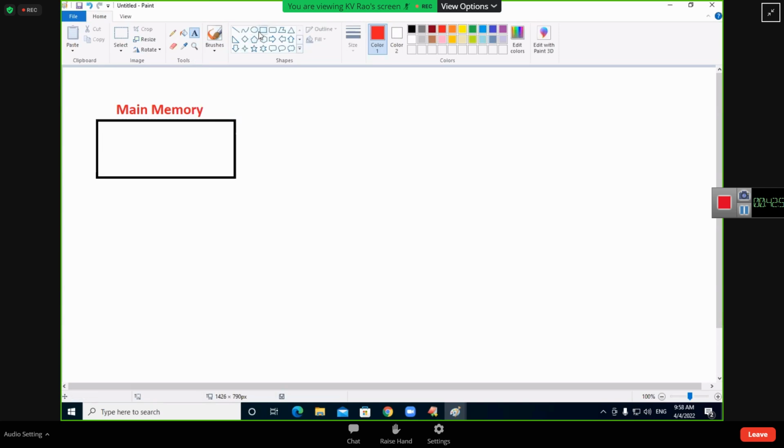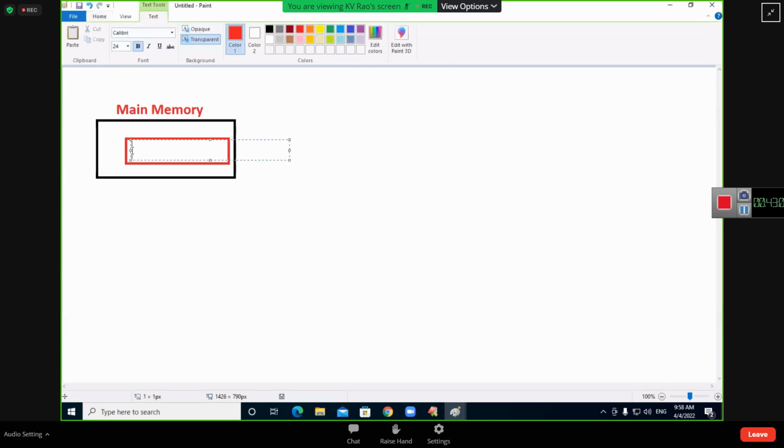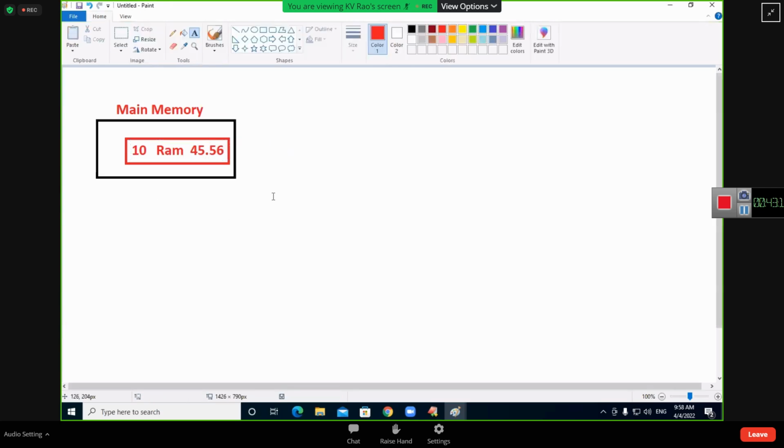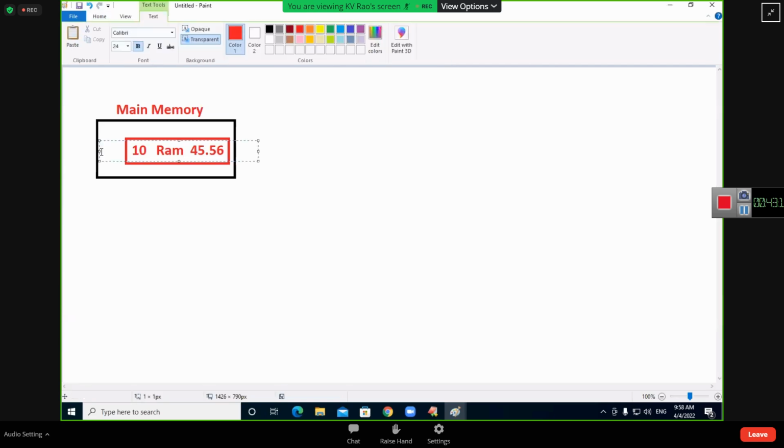What data am I having here? The data is something like 10, ROM, and 45.67, 45.56 for example. What is this data called? LST. This is the data called LST.